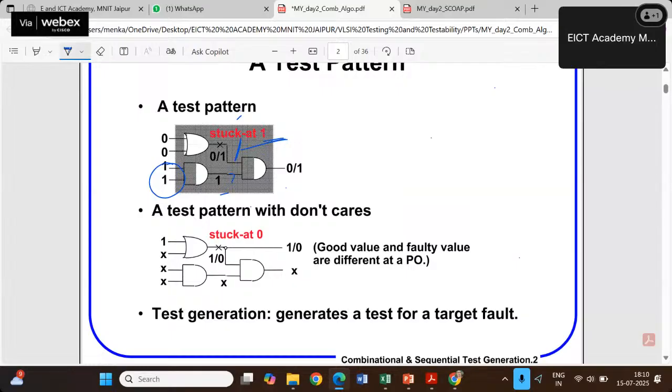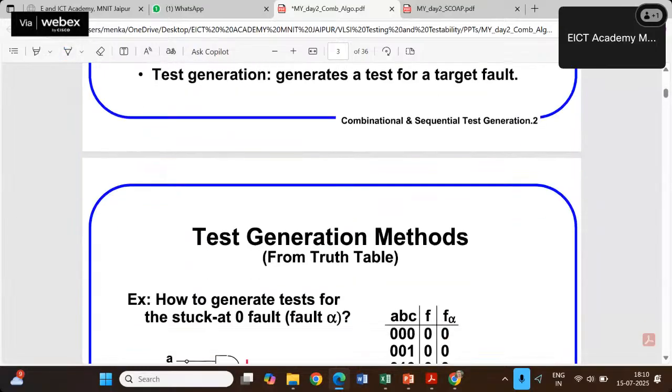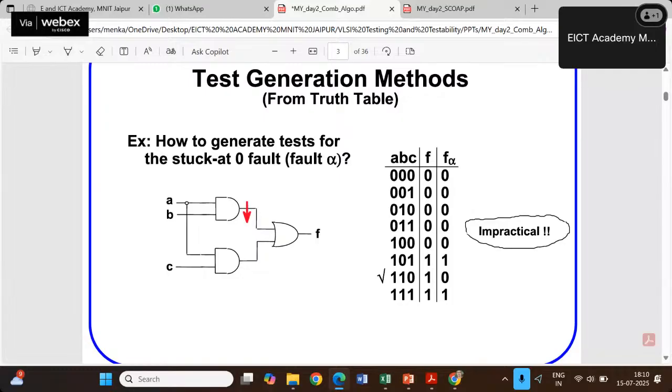Corresponding to all the combinations, we are going to figure out whether the outputs are matching or non-matching. And if they are non-matching, what we will infer is that those input sets were actually the test vectors.